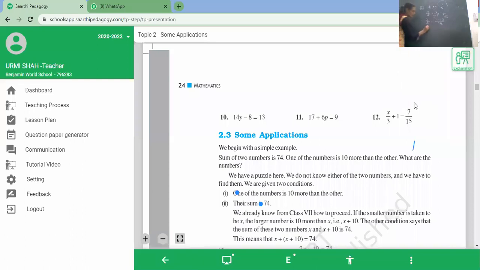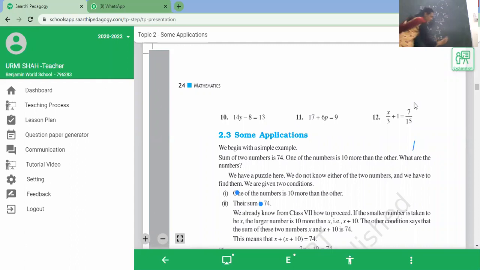So x upon 3 is equal to, what is the subtraction? 7 minus 15 is equal to minus 8 by 15. This 3 will go across by multiplication, so x is equal to minus 8 upon 15 multiplied by 3. The 3 cancels out: 5 3s are 15.